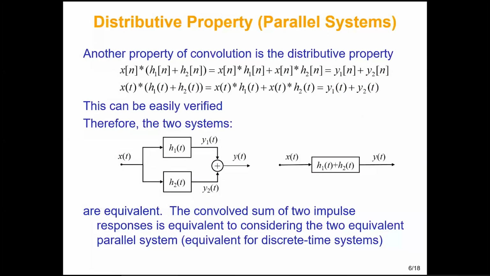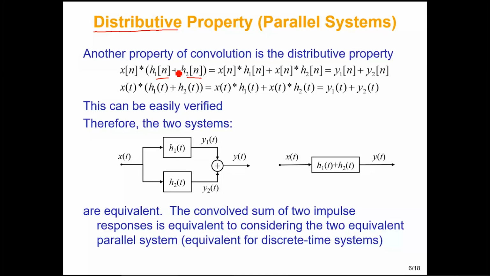Okay, now comes the interesting part, starting with the distributive property. Let's say we have the convolution of x of n with the sum of two things, h1 of n and h2 of n. Then we can just open up the brackets: the convolution of x of n with h1, plus the convolution of x of n with h2, and we will get the same result.